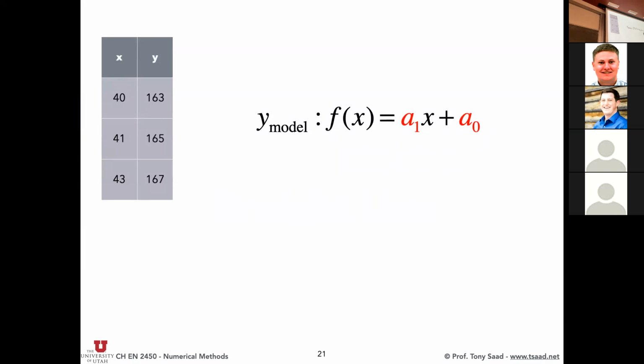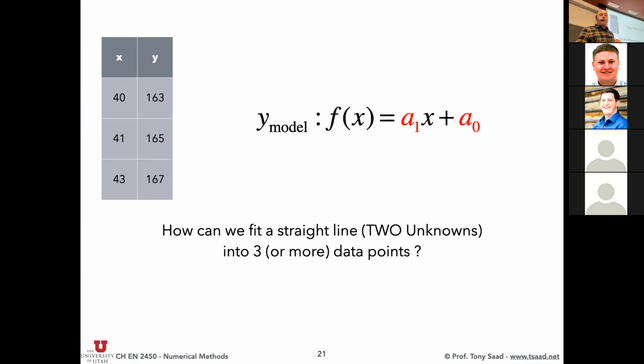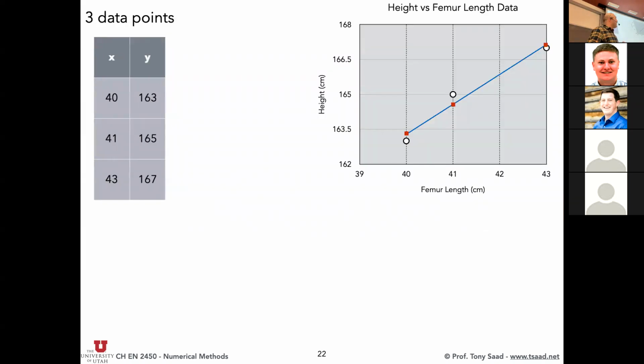So now our objective is to find a1 and a0 such that their combination minimizes the error between the input data. So I ask a question again, how can we fit a straight line, two unknowns, into 3 or more data points? Clearly, you have more equations than necessary. So we need to find a mechanism to obtain 2 equations for these 2 unknowns, a1 and a0. Okay.